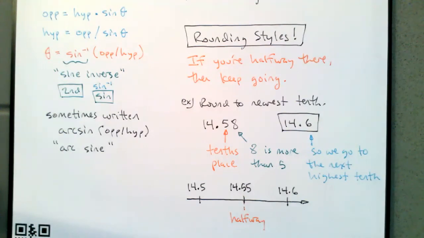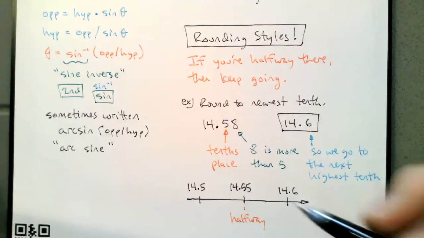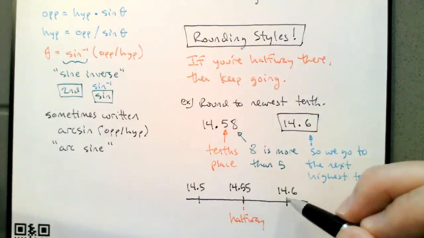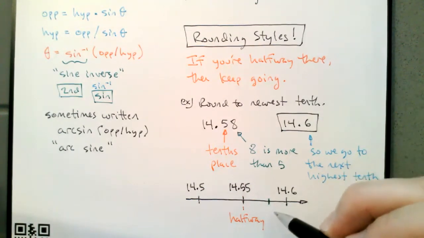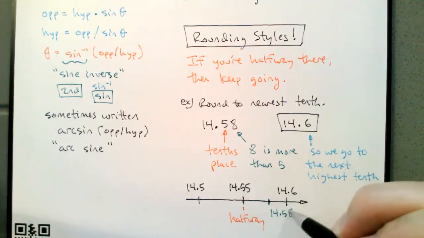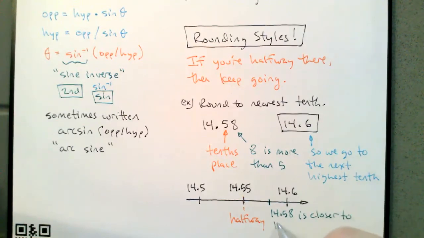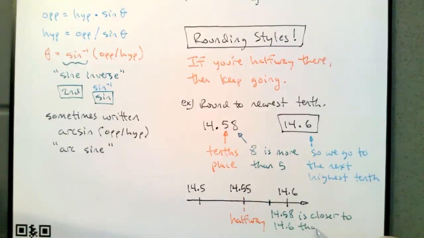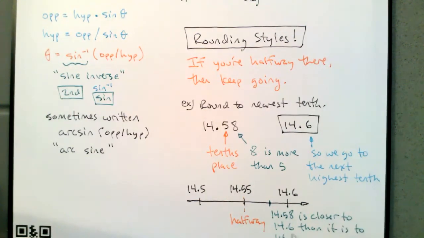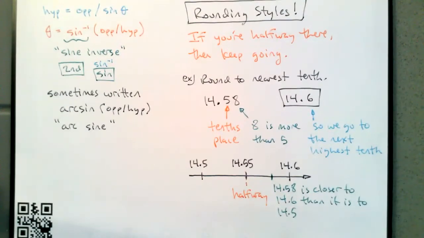So if we're looking at 14.58, 14.58 is closer to 14.6 than it is to 14.5. That's why 14.6 is the nearest tenth.